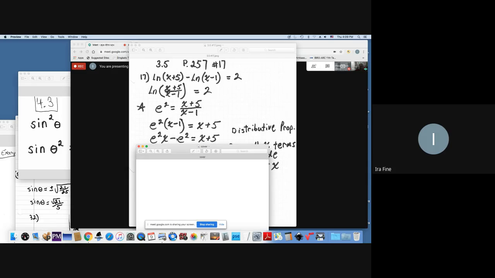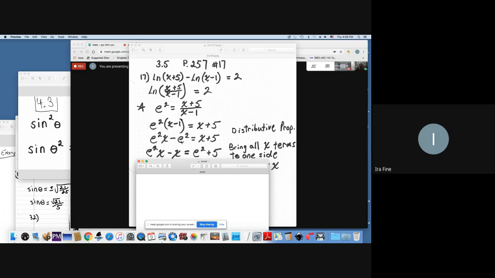Okay. So now the next thing we do, remember, we ultimately want to solve for x, right? So we got this now. What we want to do is bring all the x terms to one side and all the numbers to the other side.